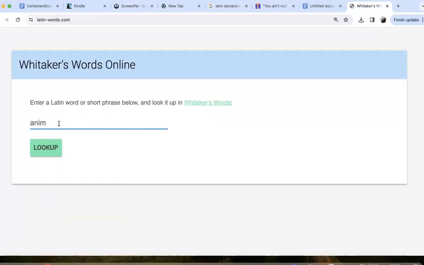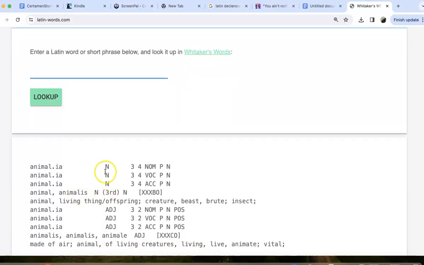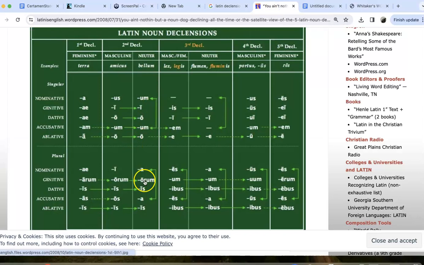But if I type in animalia, you'll see it's a neuter noun, so N means neuter. And then you can see, depending on the context, you have to decide if it's nominative, vocative, or accusative. In our context, it's the direct object, so it is accusative plural. We put all that information together, and we're led to this ending, which matches the original.